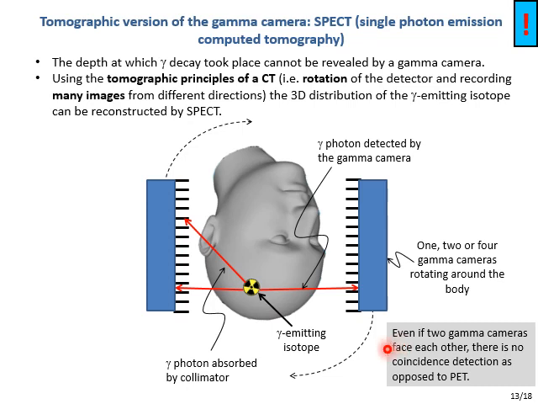And the detection in the positron emission tomograph is based on the coincidence detection of these two gamma photons colliding to detectors on the opposite side of the human body. Such a coincidence detection is not present in SPECT, not even when two gamma cameras are present on opposite sides of the human body. So coincidence detection only applies to positron emission tomography.